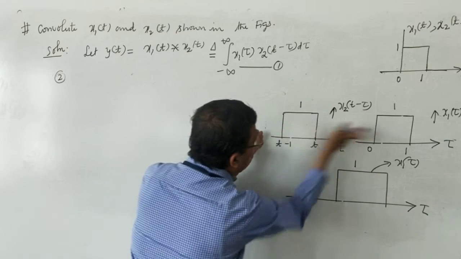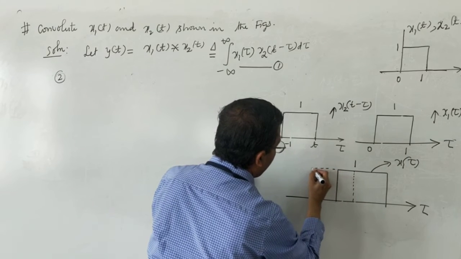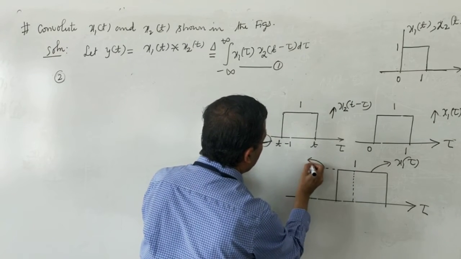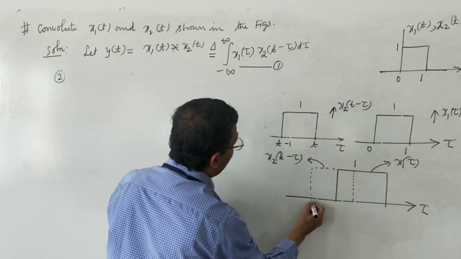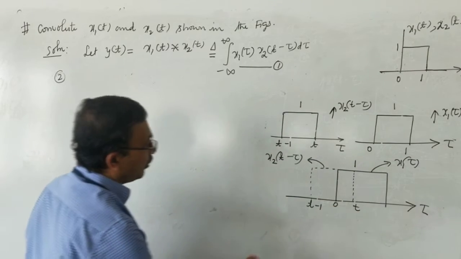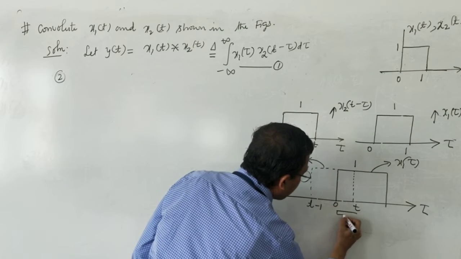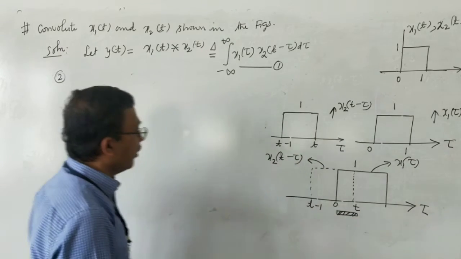This pulse I will push against this pulse. The dotted pulse represents x2 of t minus tau. This starts at t minus 1 and ends at t. If you see these two figures, this is the overlap. Overlap decides the limits of integration.